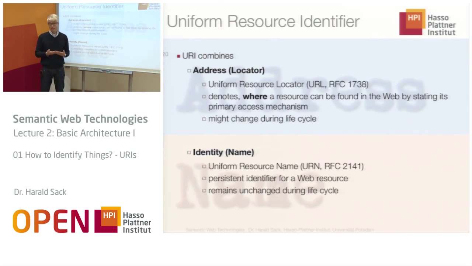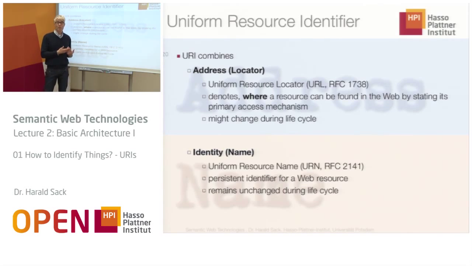But on the other hand, a uniform resource identifier is also a unique name. Therefore, it denotes the identity of a thing. And therefore, it's persistent. So it's a persistent identifier of a web resource by giving it a name. And this name doesn't change during the life cycle. But a name, of course, as in real life, is not sufficient for finding things.